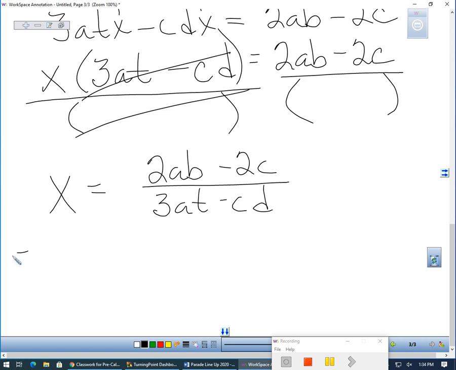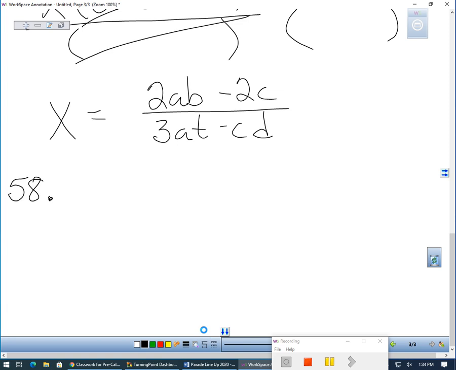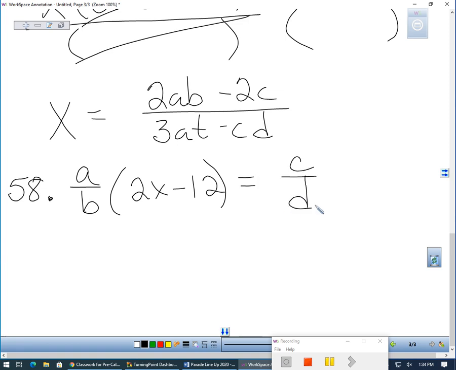All right, number 58. On number 58, we have a over b, parenthesis, 2x minus 12, equals c over d.